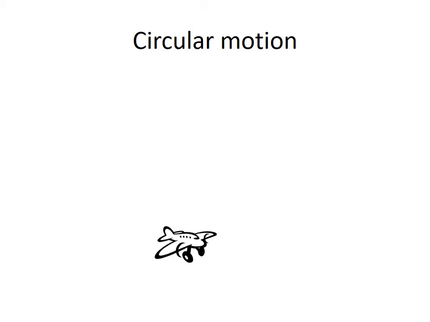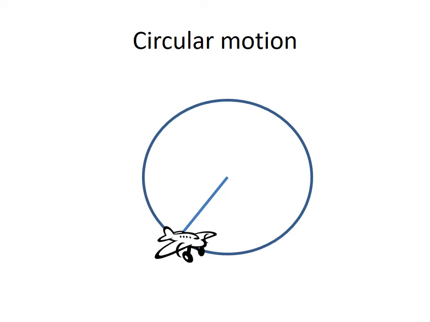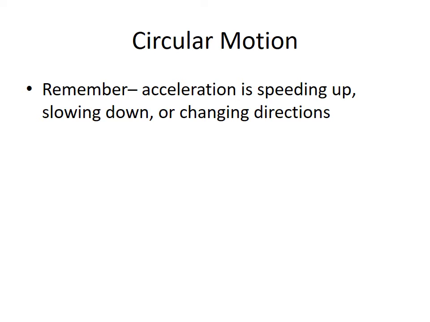So if we have a toy airplane, like on a mobile that a baby would have, where it's spinning around and is attached to a string, the plane's velocity is to go off flying straight. It's that centripetal force that is pulling it towards the center, which is going to cause it to go in a circle. So if you'll remember, acceleration is anytime you speed up, slow down, or change directions, right?